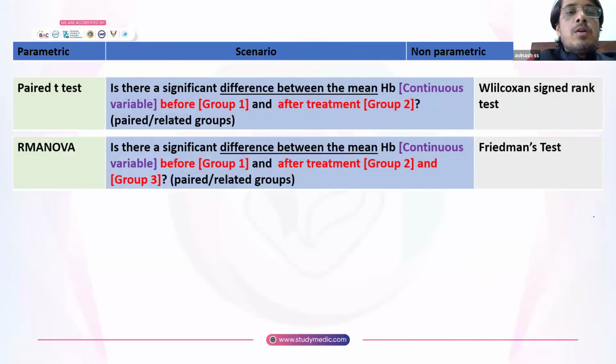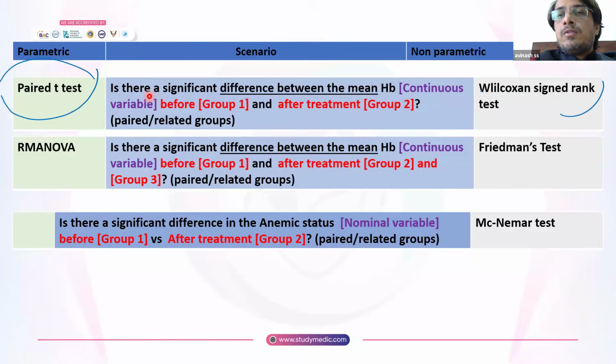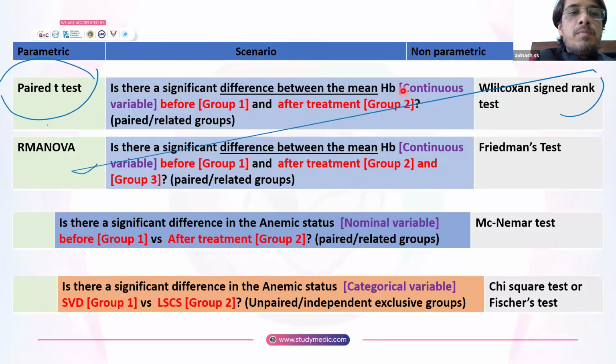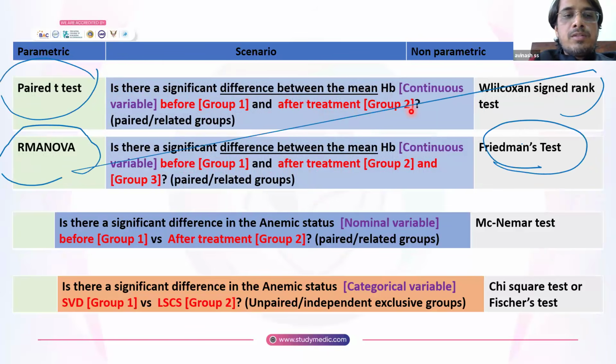Between two paired groups, it is the paired t-test, and the alternative is the Wilcoxon signed rank test. For more than one paired group, RM ANOVA, and the alternative is the Friedman test. So this is the summary of the findings.